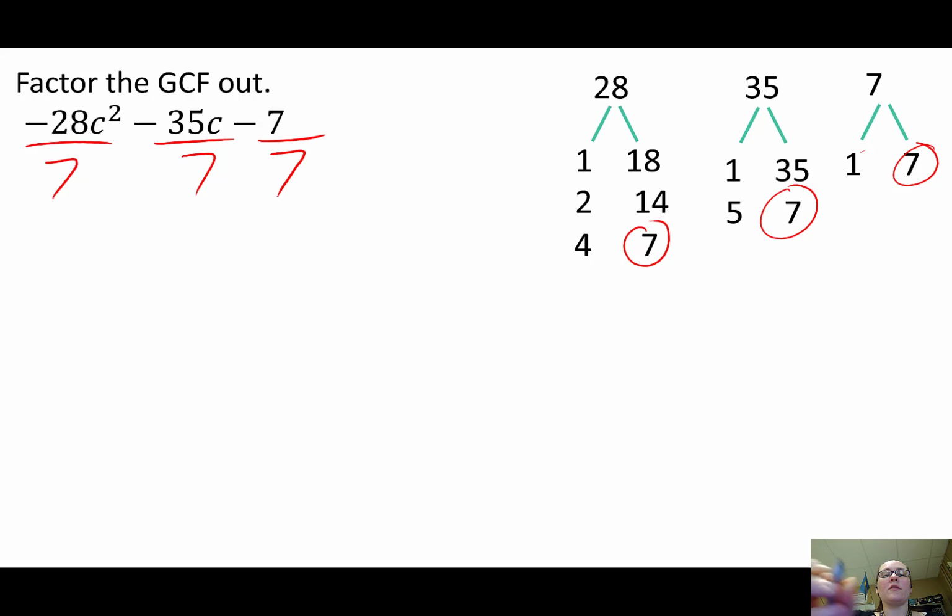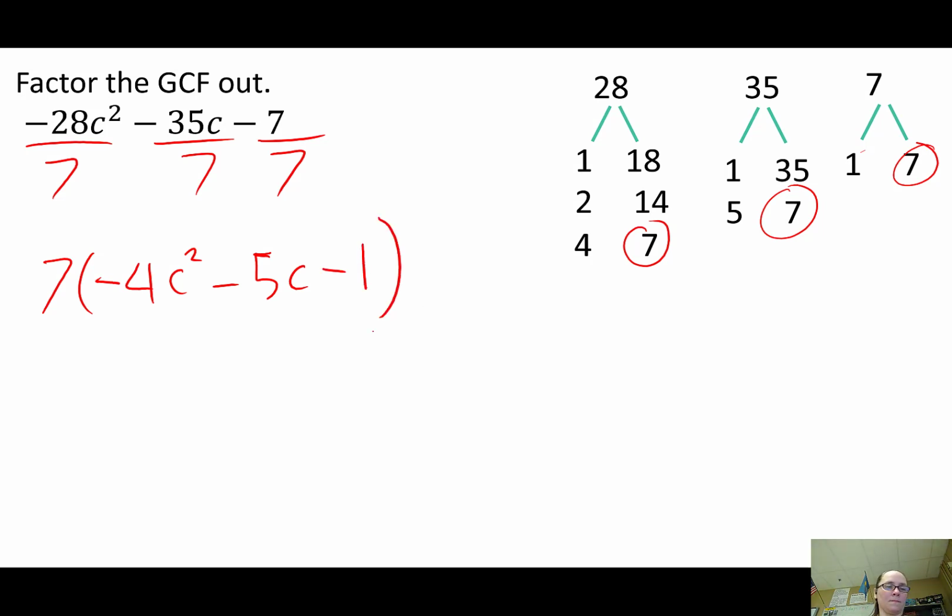Now, since all of these do not have a variable, we're not going to factor out a variable. So we get negative 28c squared divided by 7, giving me negative 4c squared, minus 5. 35 divided by 7 is 5c, and then negative 7 divided by 7 is 1. So we don't always have a variable that's going to factor out.